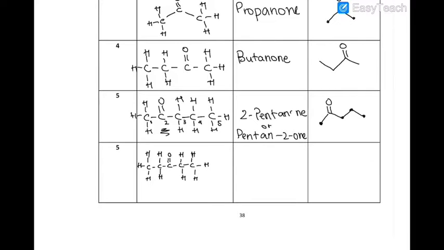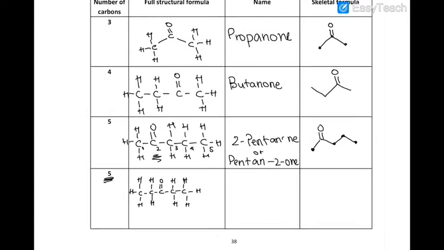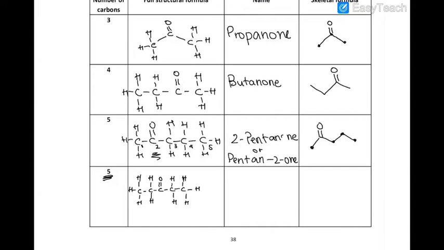Now this one is still another molecule with 5 carbons, so it's still another pentanone, but here you can see that the double bond O is on the 3rd carbon. If you count 1, 2, 3, 4, 5, it's on the 3rd carbon. Whether you start counting from the left or from the right, it's still on the 3rd carbon.